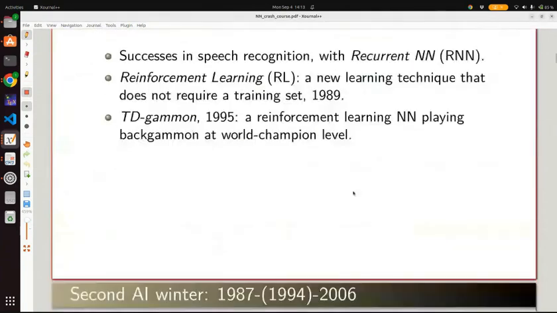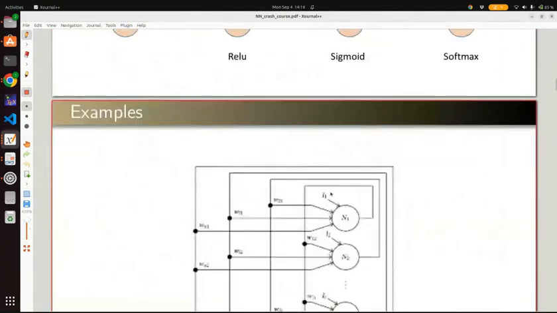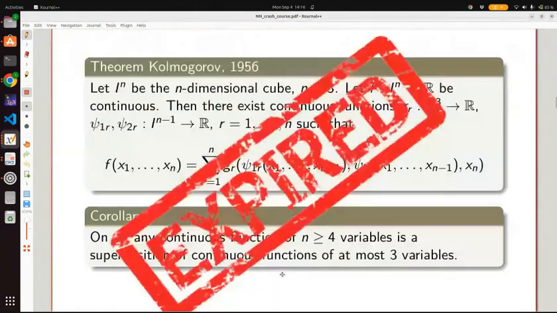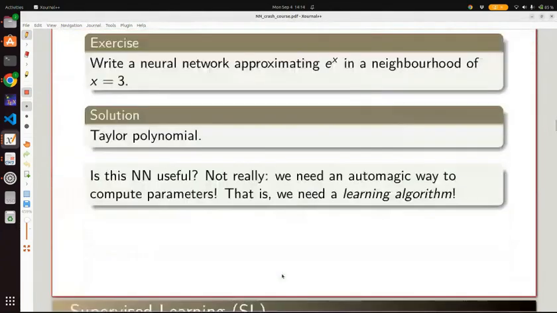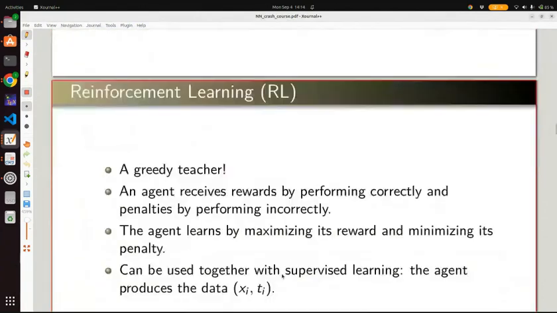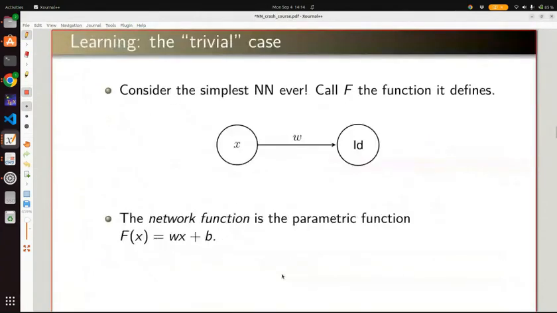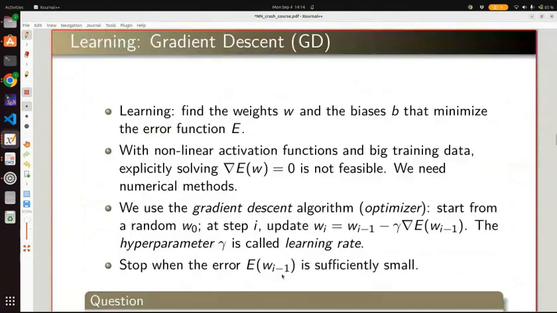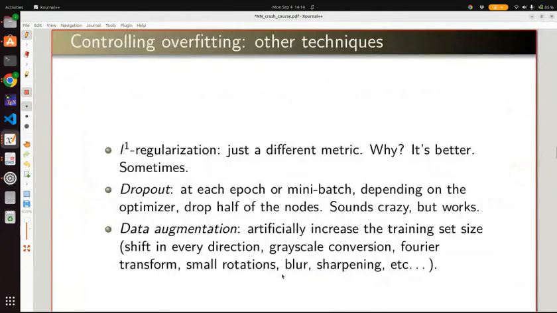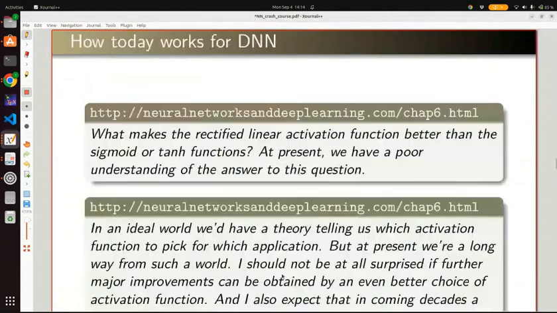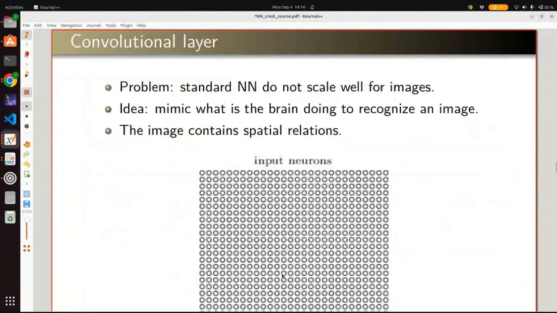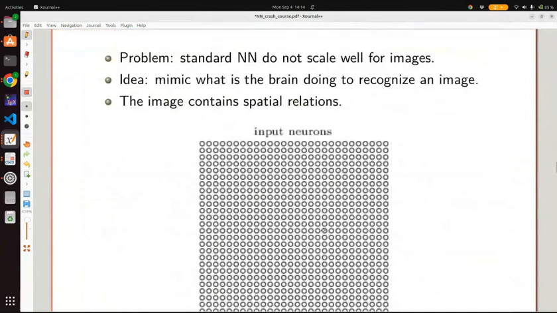Okay. There should be a faster way to a page. Vanishing gradient. Okay, here we are.